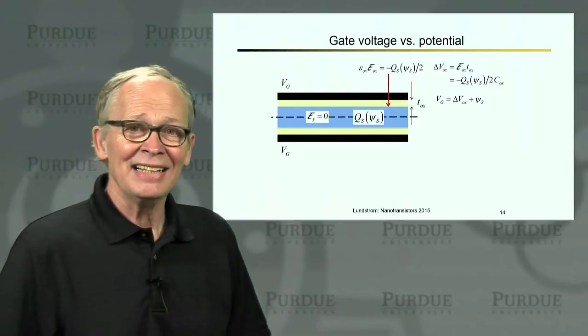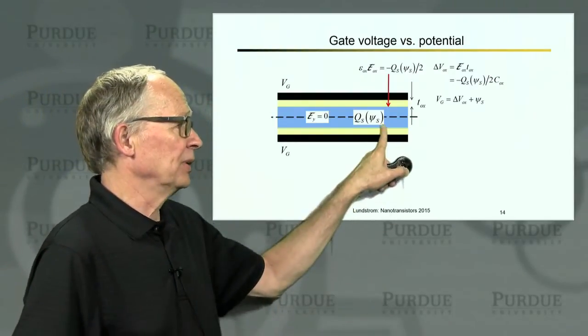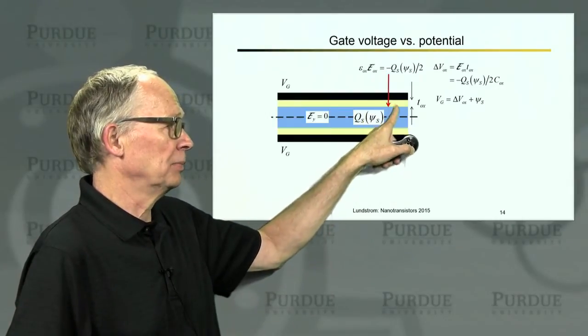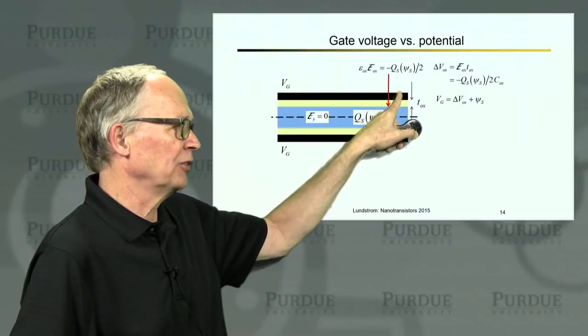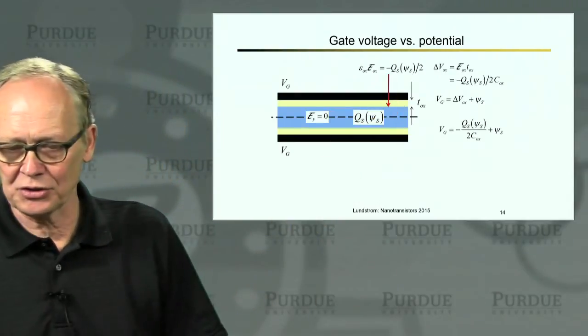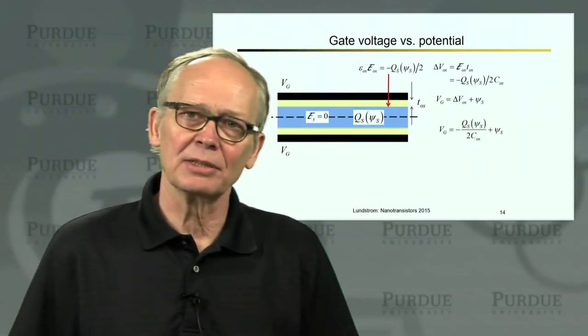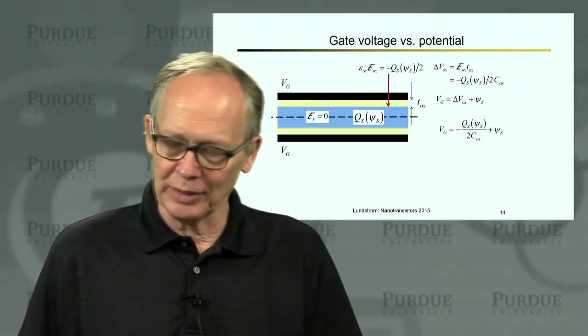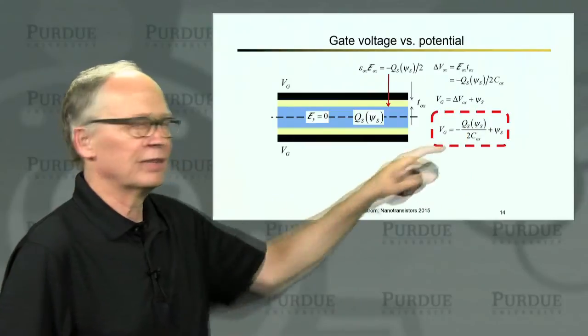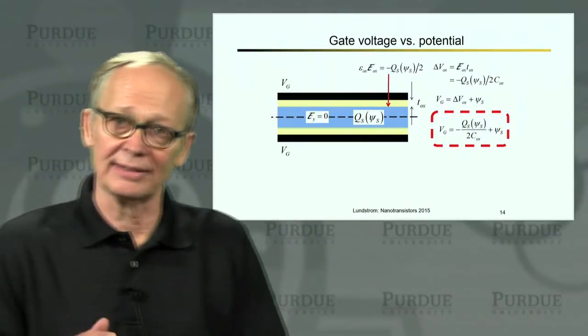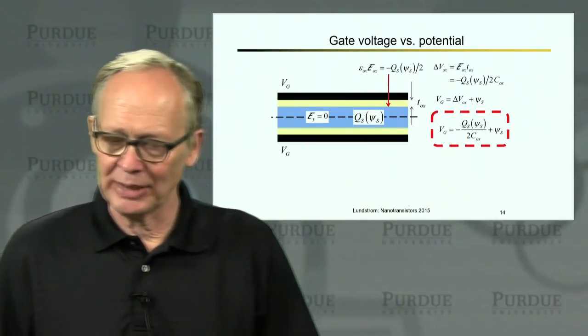To get the gate voltage, I just add the potential in the silicon to the potential drop across the oxide layer. That gives me the gate voltage. So I just add the 2 up and I get this expression, which looks very similar to what we got in the bulk, except for this factor of 2 downstairs. And that's just because of the symmetry in the structure and the fact that we have 2 gates.